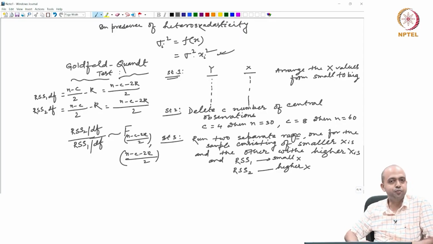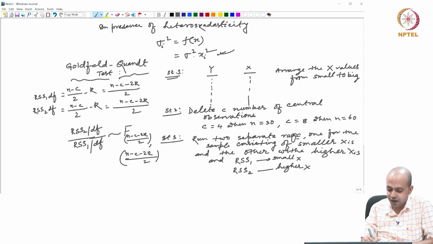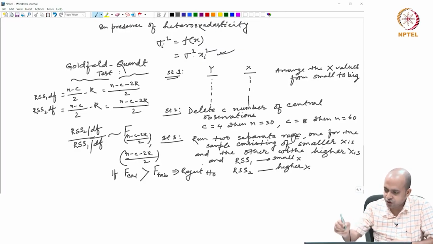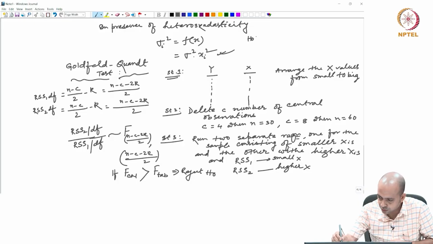So, this would become your F statistic, and if the calculated F statistic is greater than the tabulated F statistic at a specific level of significance, then we will reject H naught. And what is our H naught here? The H naught is no heteroscedasticity.